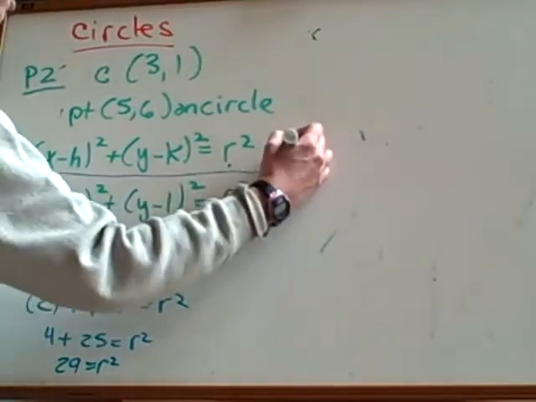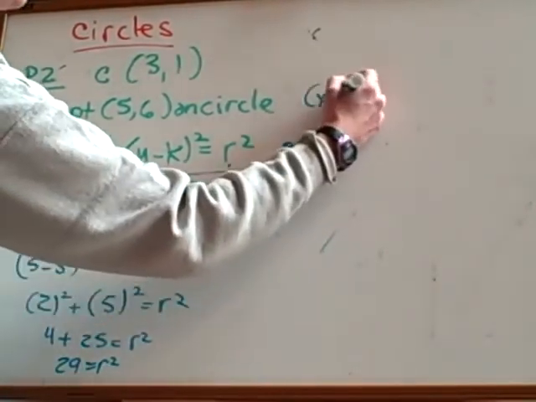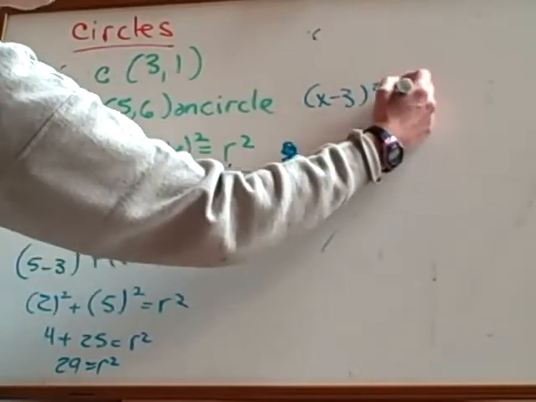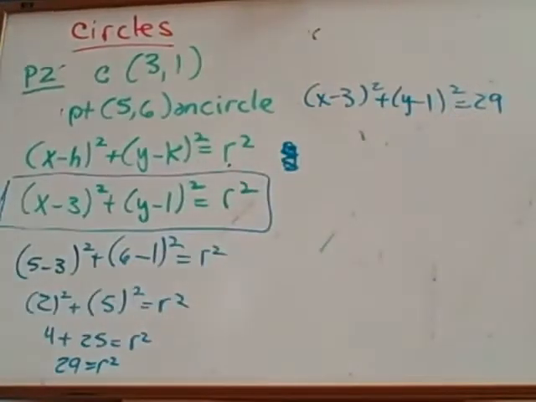So again, my final equation, it's going to be (x minus 3) quantity squared plus (y minus 1) quantity squared equals 29. Okay? And you can go either way. This is probably the method you'll use most often. Okay. Though I like using the other.